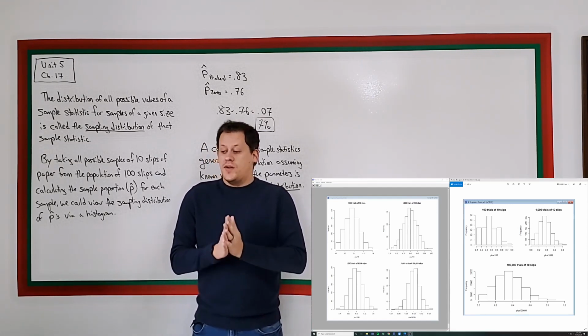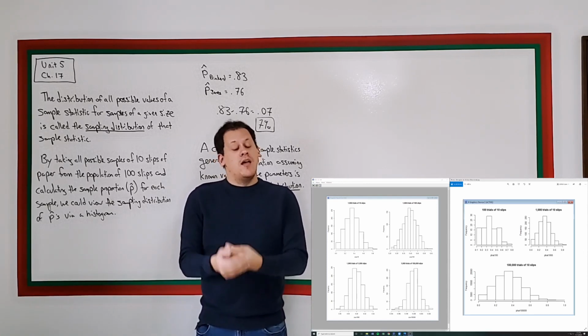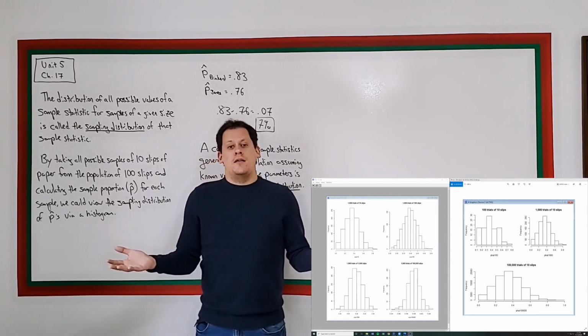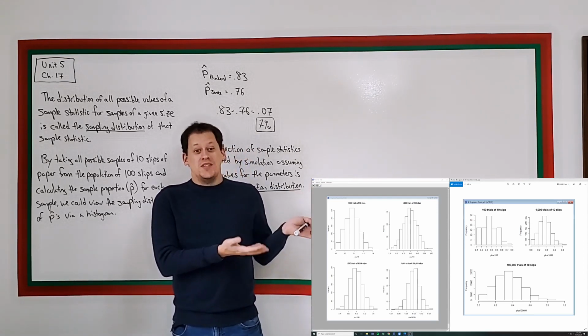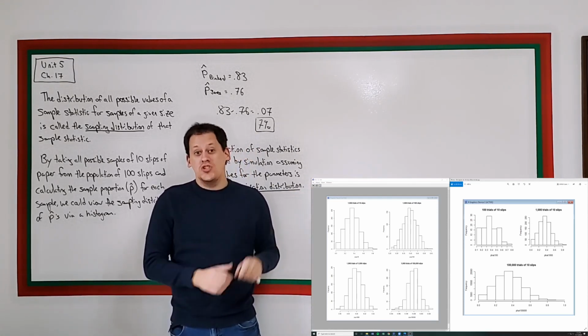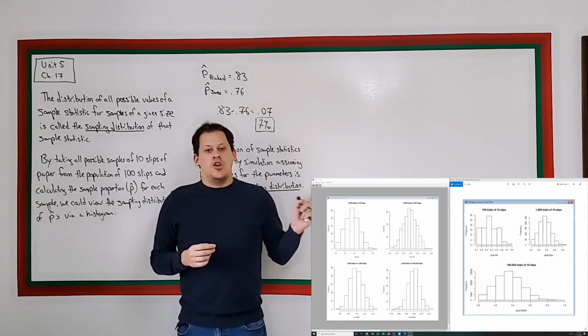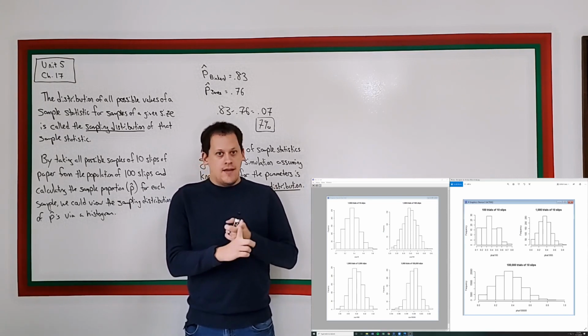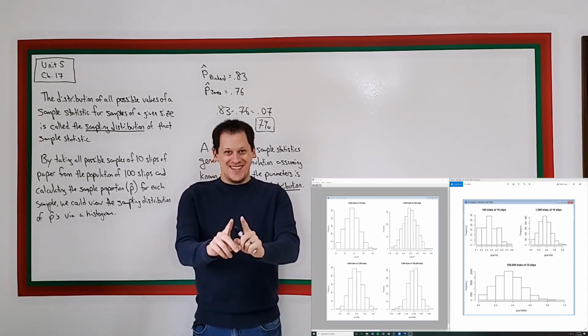And that is where we take all the possible samples of a given size from a population and we look at what that looks like. We've seen that in general, we see an approximately normal shape for those sampling distributions. That's going to be the case no matter what statistic we look at and no matter what the population looks like, as long as you meet certain conditions.